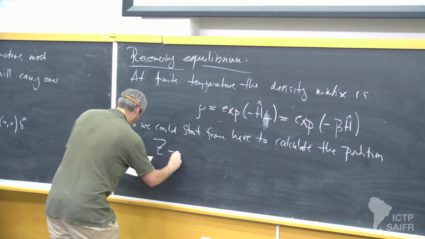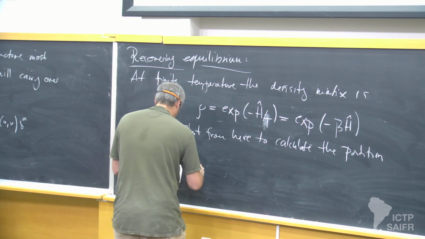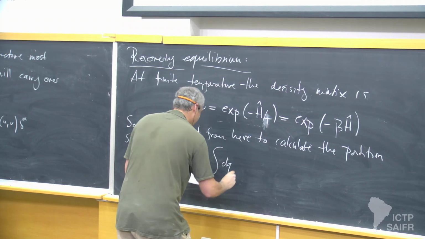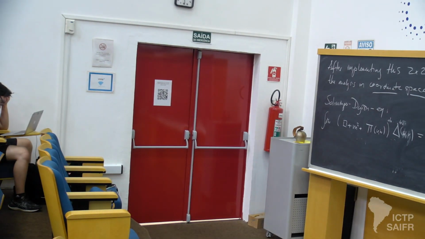Perhaps you remember, this is the trace of the density matrix, which would be an integral over all the states in Q of t of this operator.